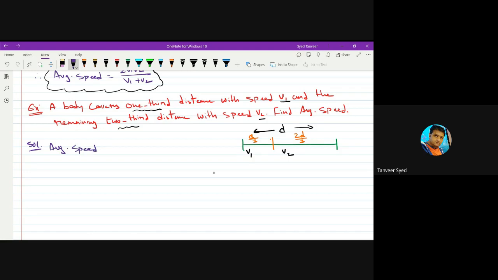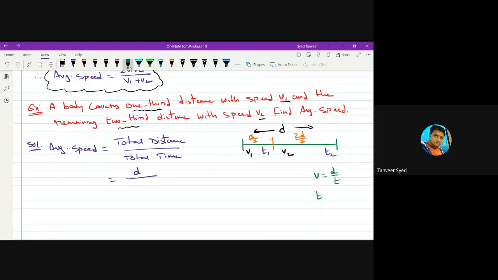Same formula, no change: total distance covered by total time. The total distance covered is d. Time is not given in the question, so we assume this time is t1 and this time is t2.